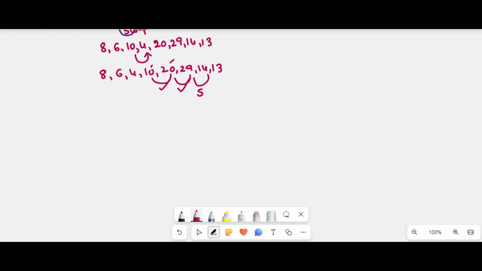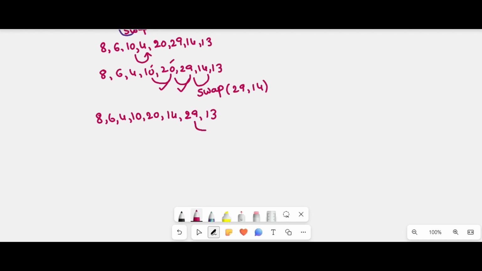We have to swap 29 and 14. Now the array becomes 8, 6, 4, 10, 20, 14, 29, 13.